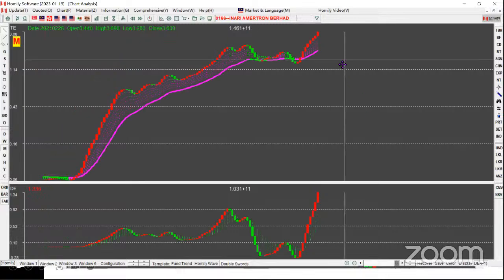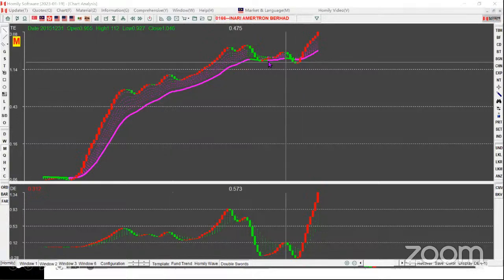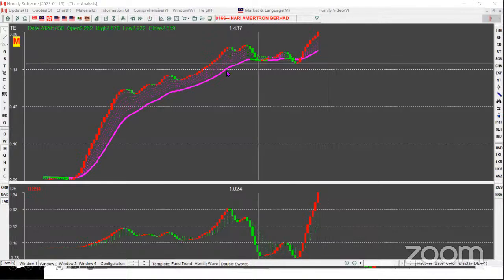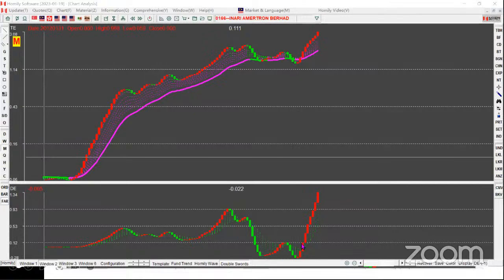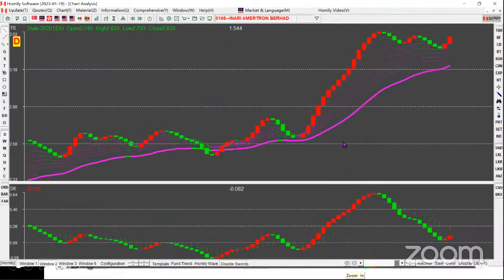For example, this is the monthly chart of 0166. See, all the history is in uptrend, that means all the time in uptrend. I think the fundamental is not bad. So for this type of chart, if we use double source with two indicators or three indicators, the success rate will be much higher than a random stock, for example 10 cent, 20 cent stocks. Maybe this type will be more stable.